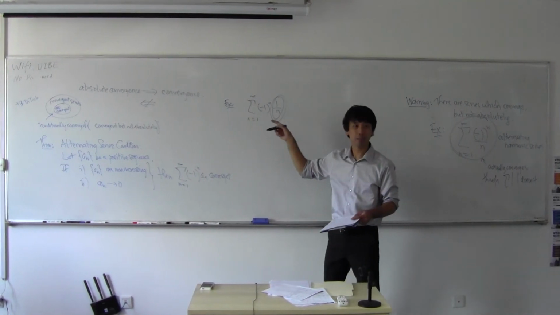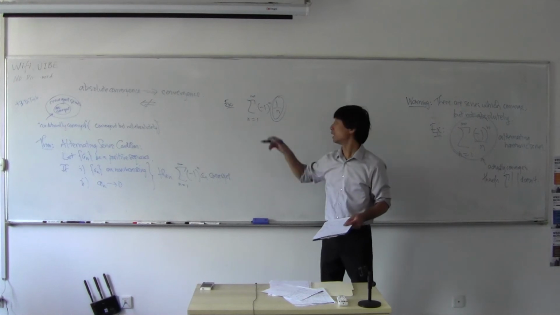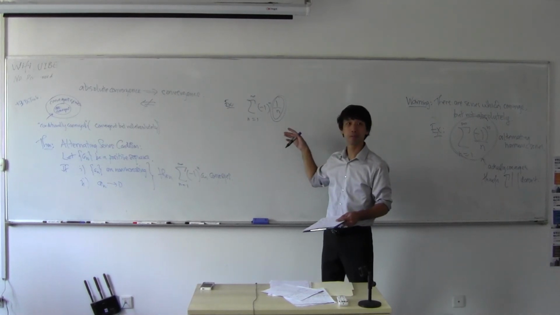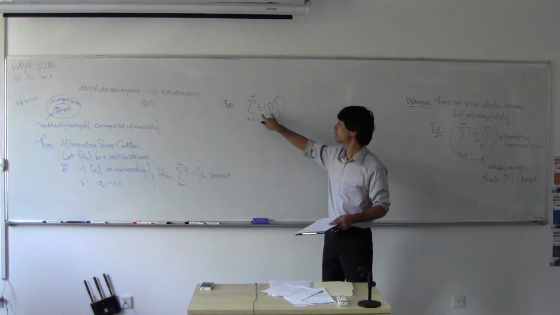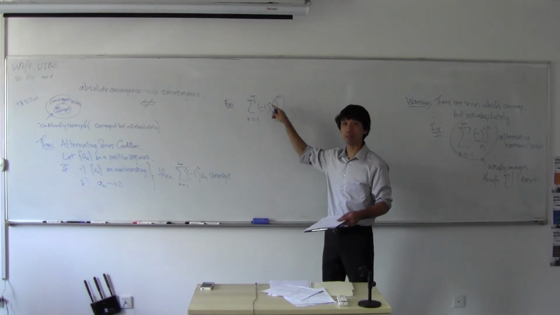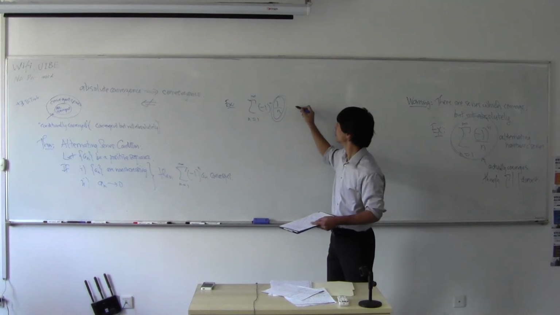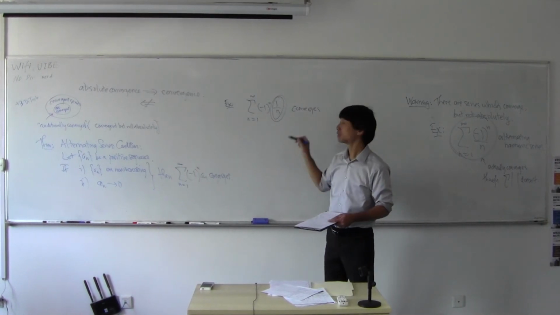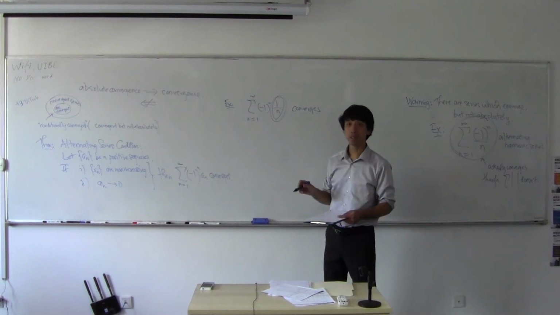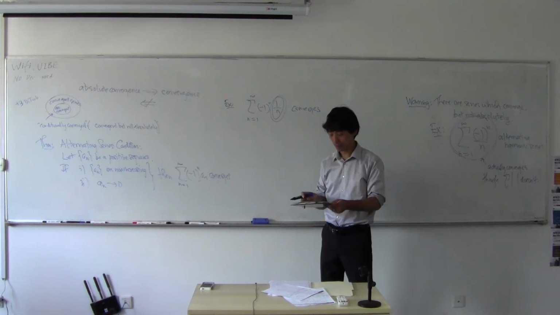They're all positive. They're decreasing. And they go to 0. Positive, decreasing, go to 0. So that tells you that (-1)^n times 1 over n converges, even though the absolute value doesn't converge.